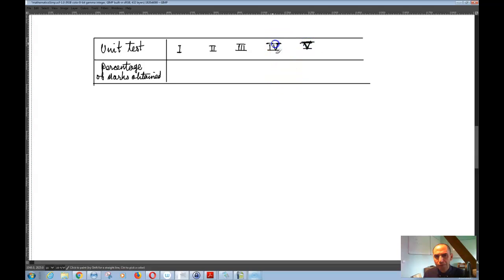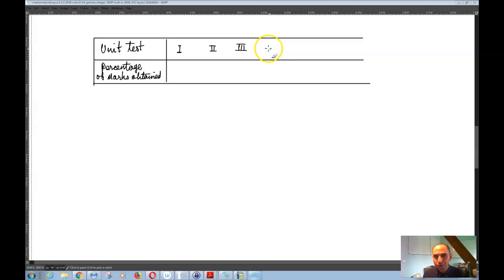So basically the percentage of marks obtained by a student.